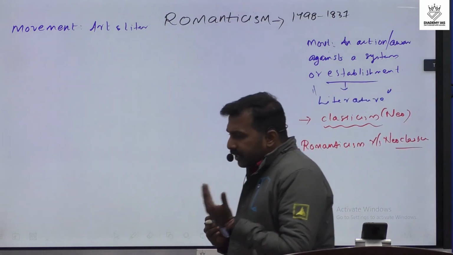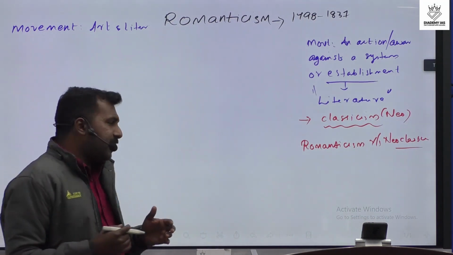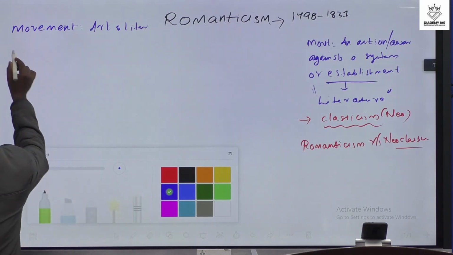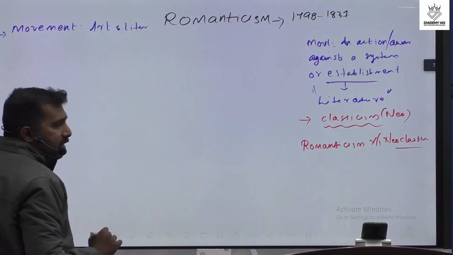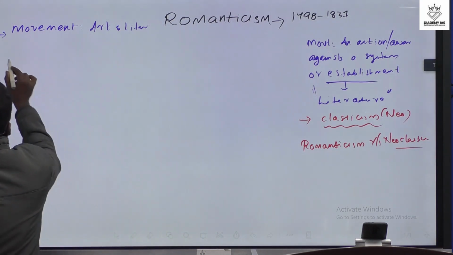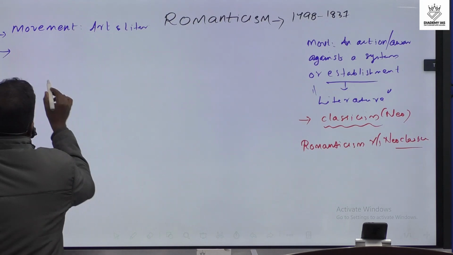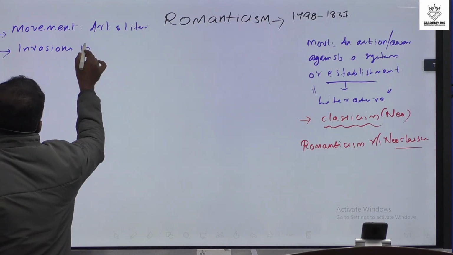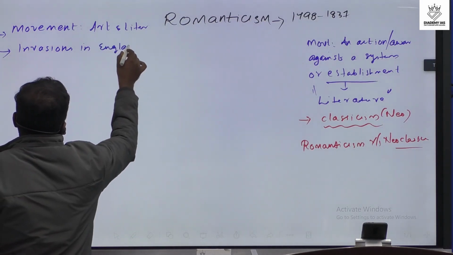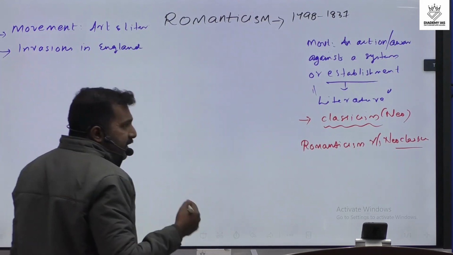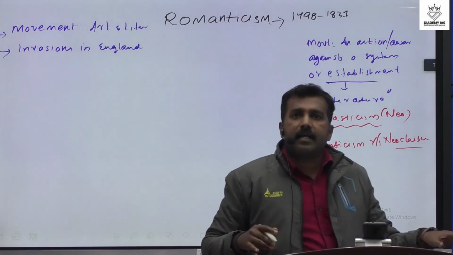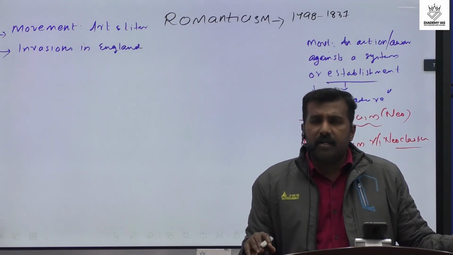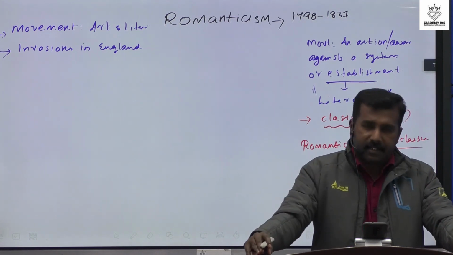So what are the peculiarities of this movement? We already explained some important details regarding the history of English literature. That means in English literature we have different invasions in England. These invasions directly or indirectly influenced English literature, like the different works during that time.